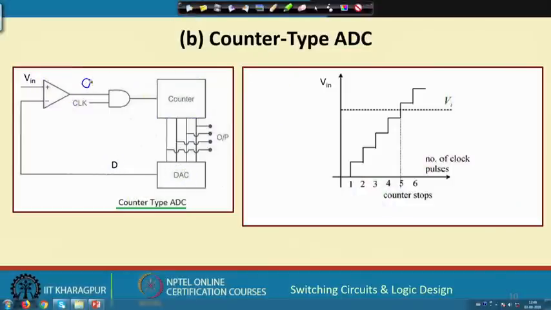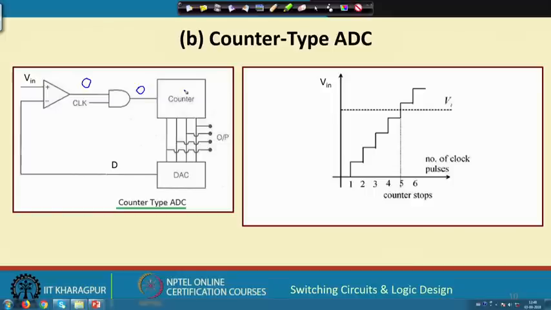As soon as the output of the DA converter crosses the input analog voltage, it will stop, because the comparator output will become 0 and this AND gate output will be 0.